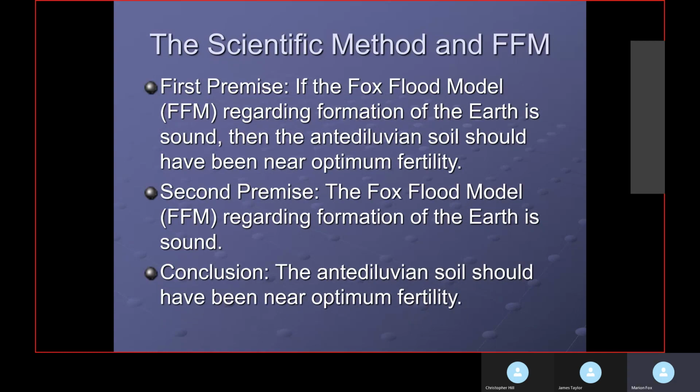If we could find some antediluvian soil and check it, and it's not near optimum fertility, then that would disprove my model. So I'm saying that this is verifiable too.